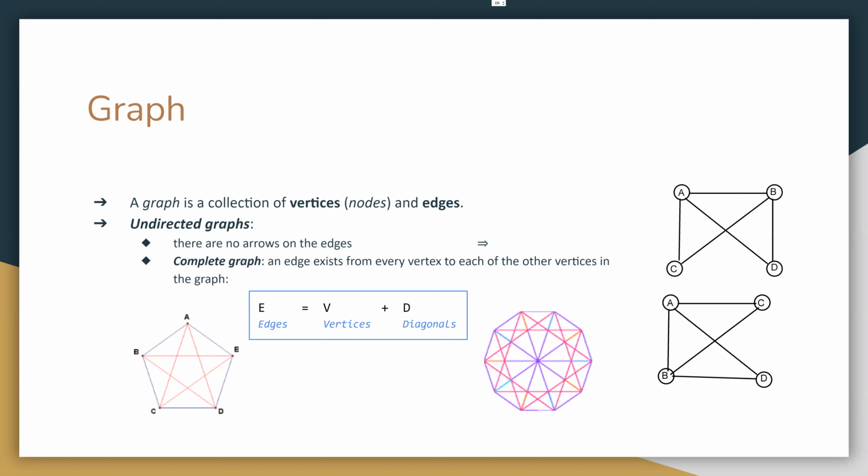You have 5 nodes here, and you have 5 diagonals here, and then you have all together 10 edges.